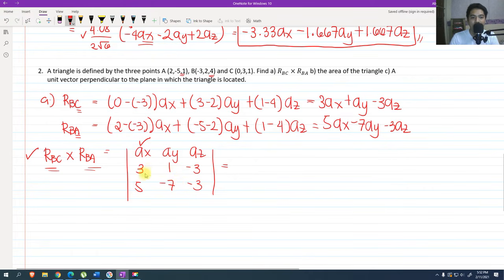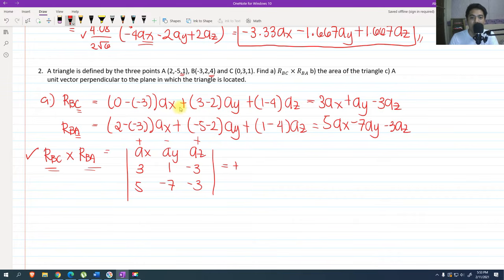We don't care about AX. We are blocking this column to get AX, and then we're going to get the determinant of this. So how do we do that? Again, applying sign convention. So when we get AX, it should be positive. When we get AY, it should be negative. So we have plus, minus, and then plus. That's the rule. You should understand that.